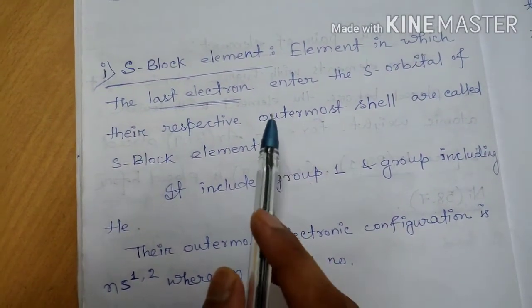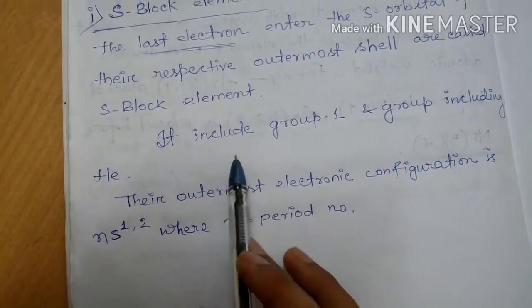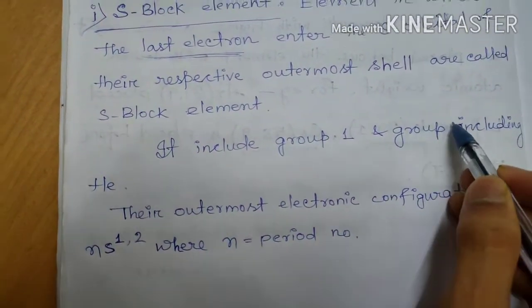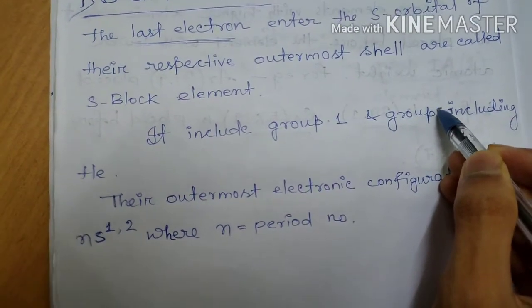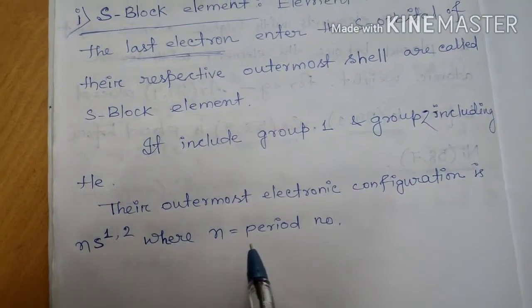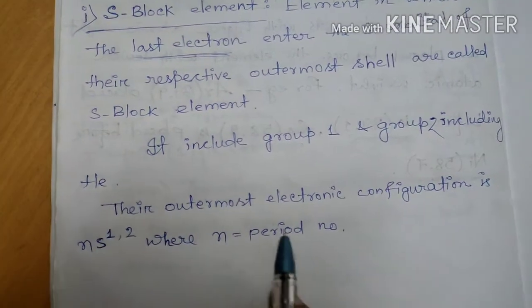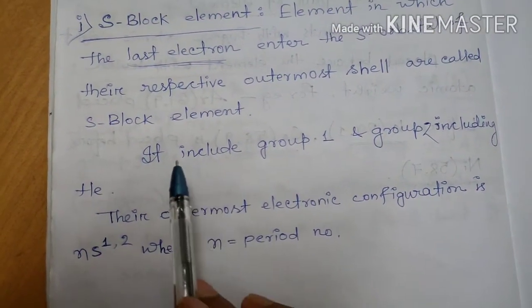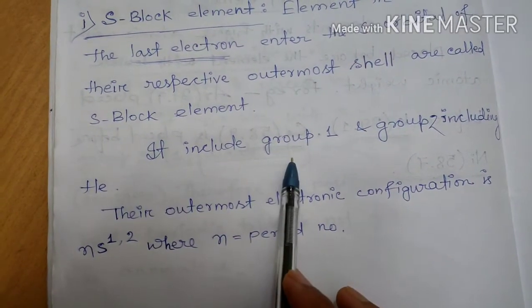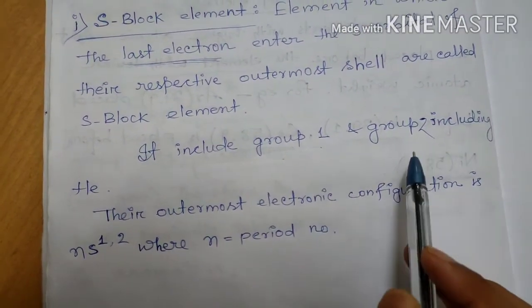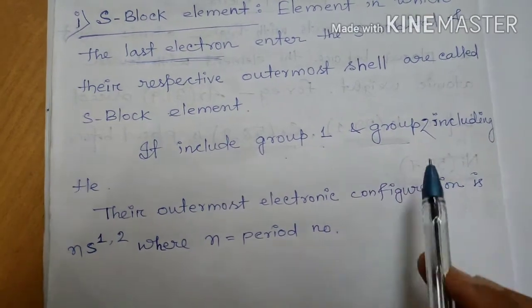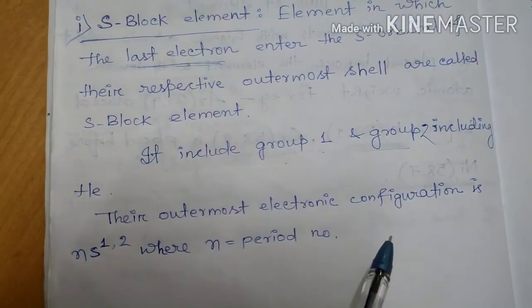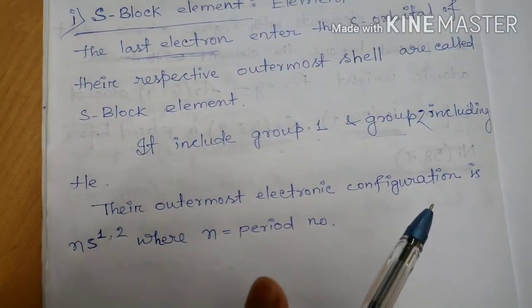Now you see, it includes group 1 and group 2, including helium. That is, group 1 and group 2 elements are S block elements, including helium.